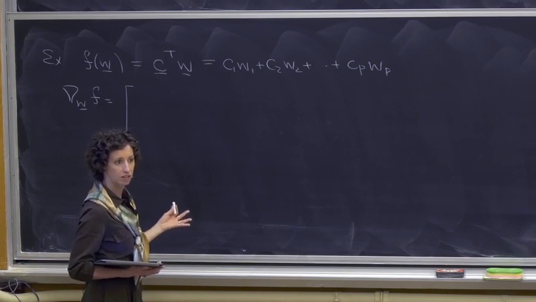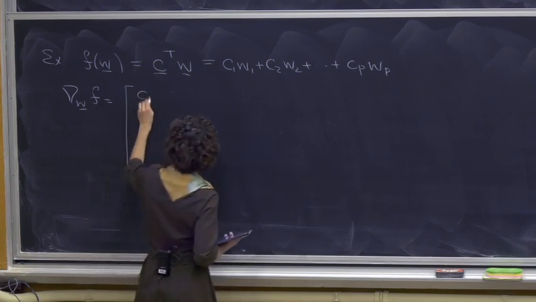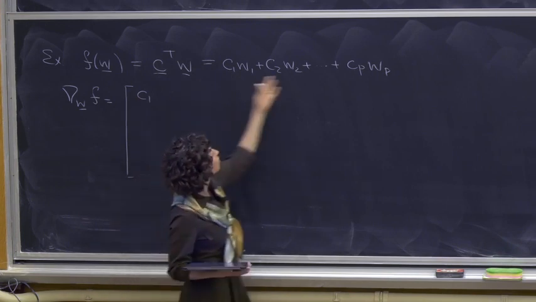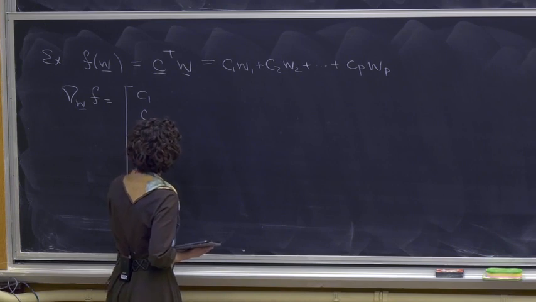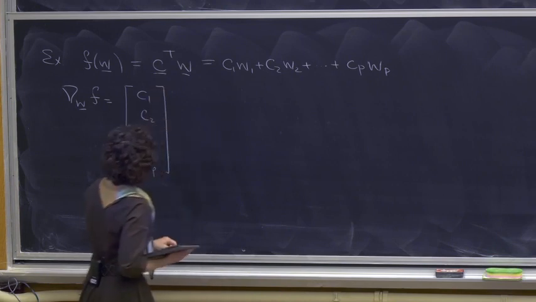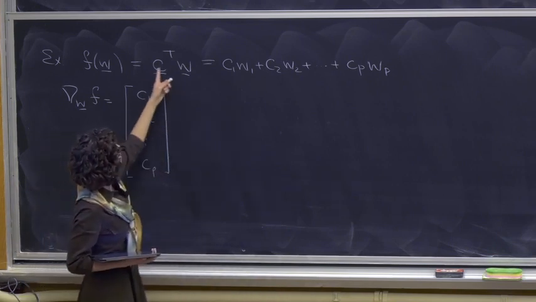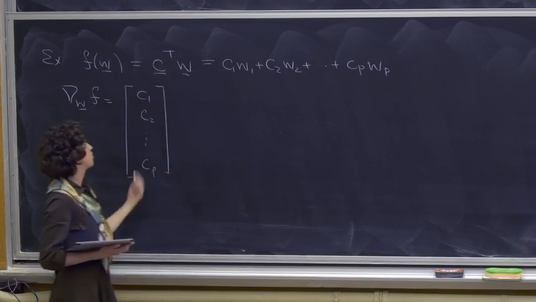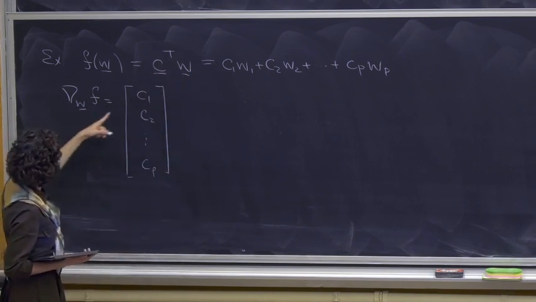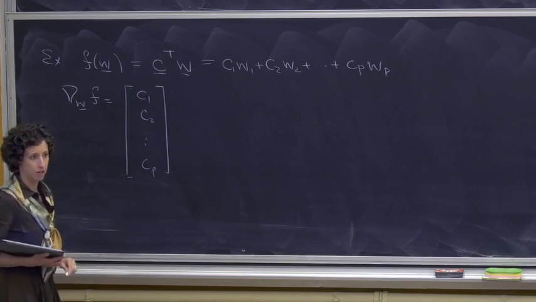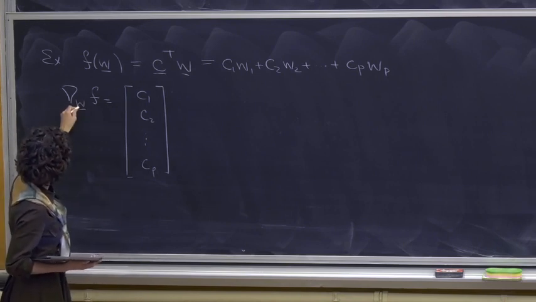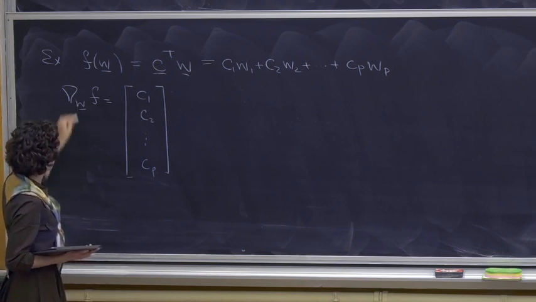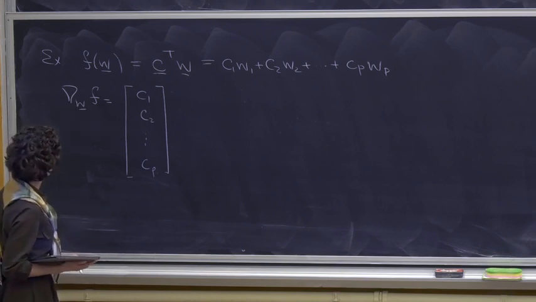And that is what? c1. Excellent. And then the derivative of this function with respect to w2 is c2, all the way down to cp. So the gradient of the inner product of w with some other vector is simply equal to that other vector. And notice that the size of the gradient is always equal to the size of the vector that we're computing the gradient with respect to.